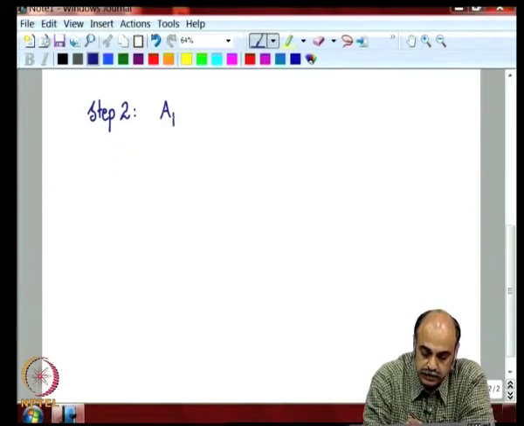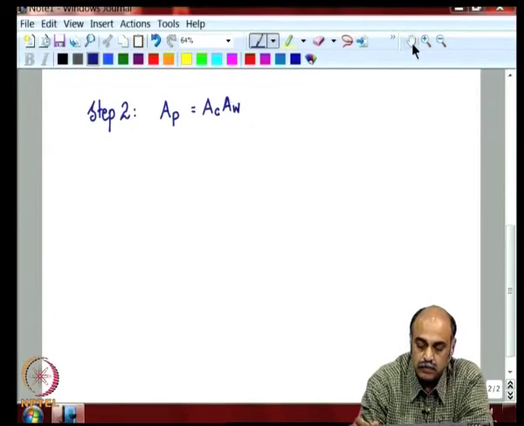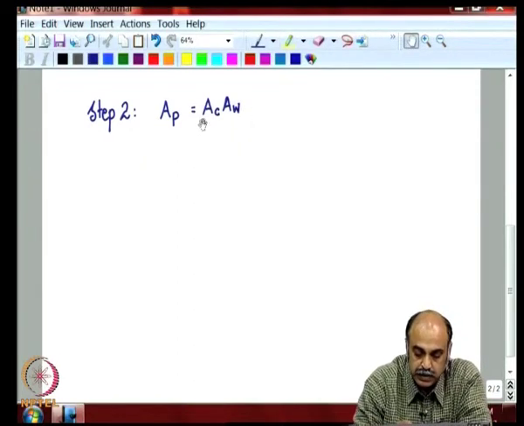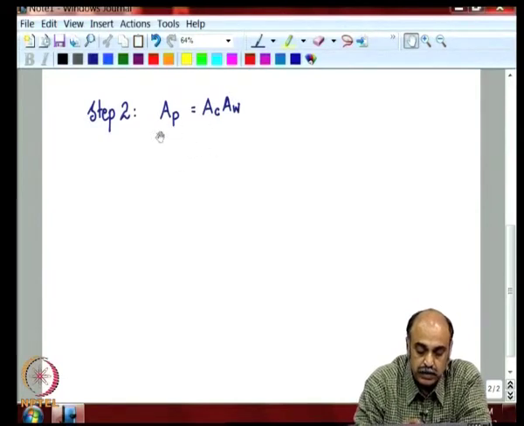The core cross section area and the window area are together combined. So, you have the core cross section area, the window area as discussed in the last class, the product of which is called the area product.